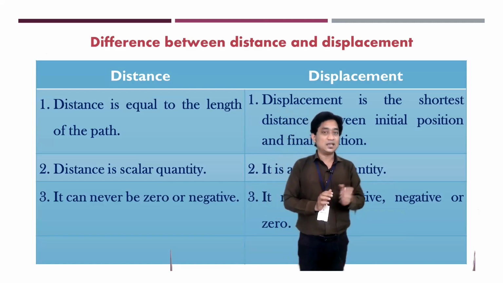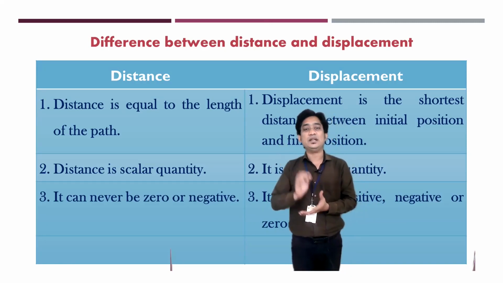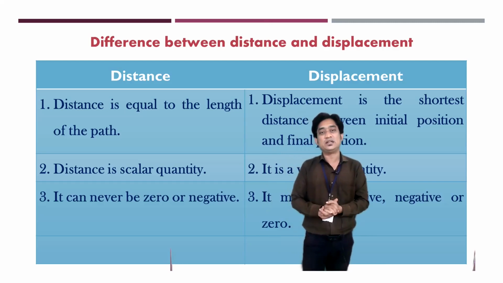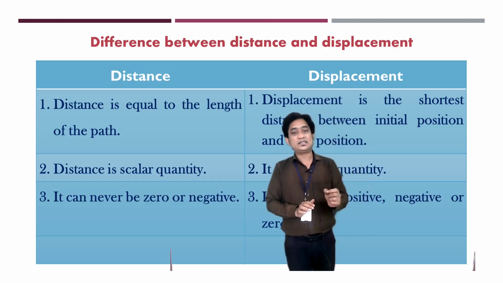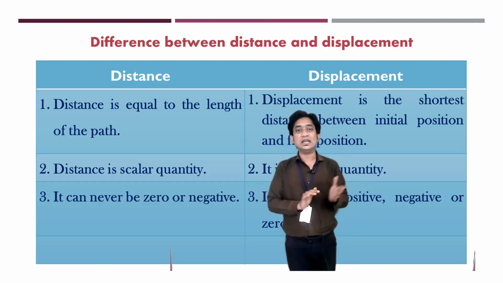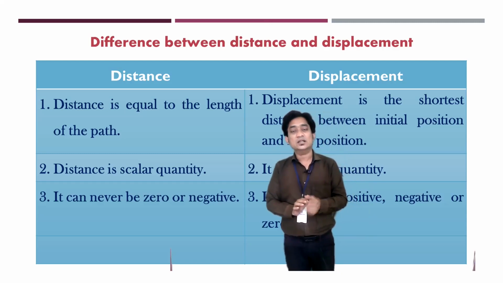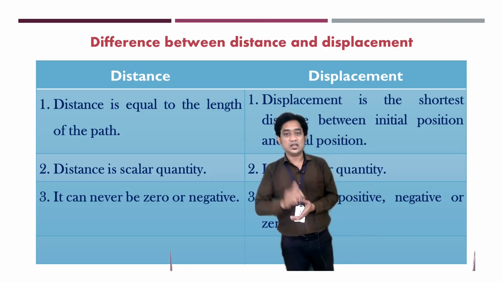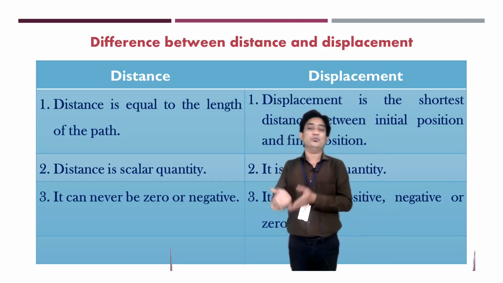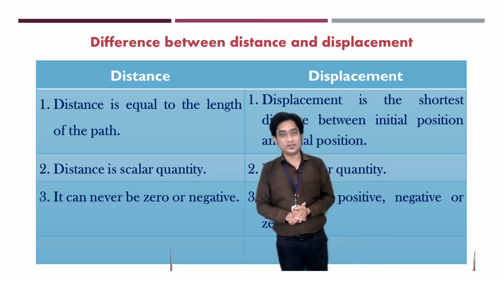Because distance is a scalar quantity and displacement is a vector quantity. Because of that, distance can never be zero or negative. But displacement may be positive, may be negative, or zero.